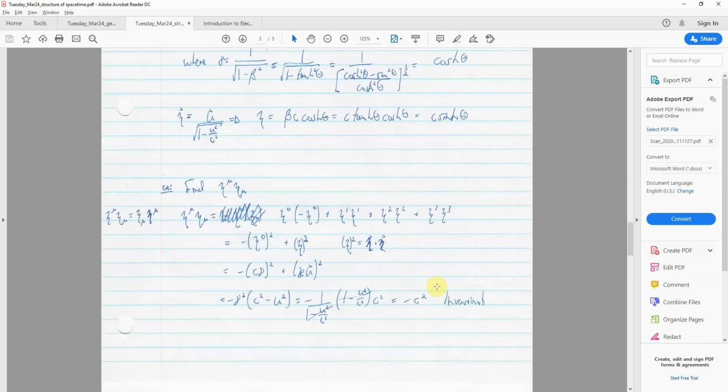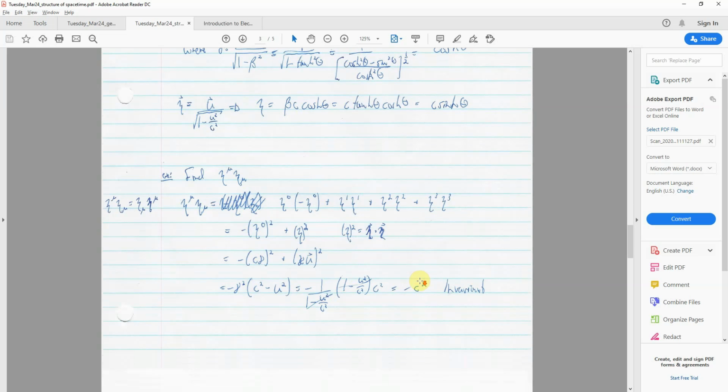In the exact same way, minus the speed of light squared is invariant, and it's nice because it doesn't matter what our frame of reference is, since this is invariant.